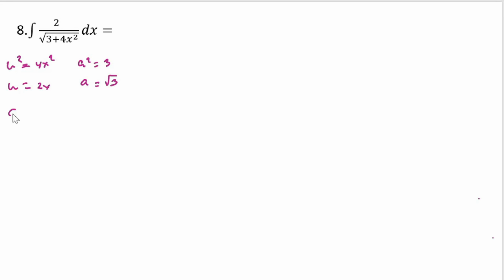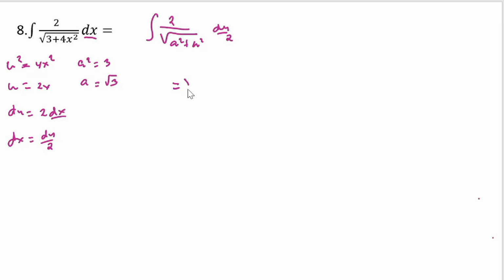Finding the du, we have 2 dx. So I have dx in the du and also dx in the given, so I'll define dx as du over 2. Now rewriting the given, I can write 2 over the square root of 3, which means a squared, plus 4x squared, which means u squared, and dx stands for du over 2.